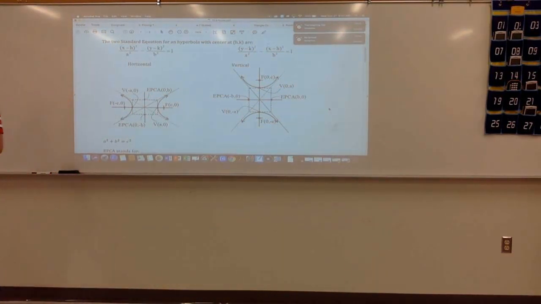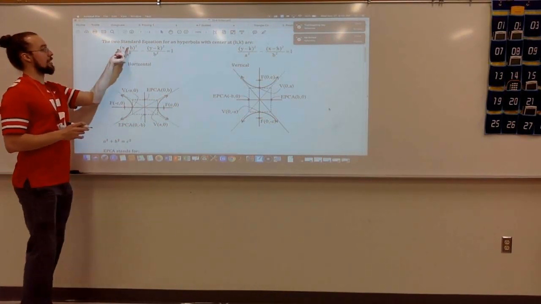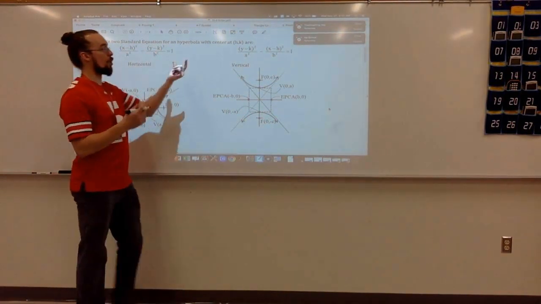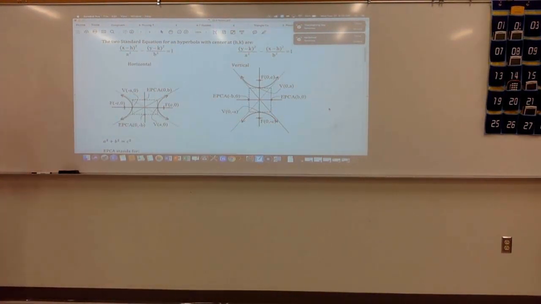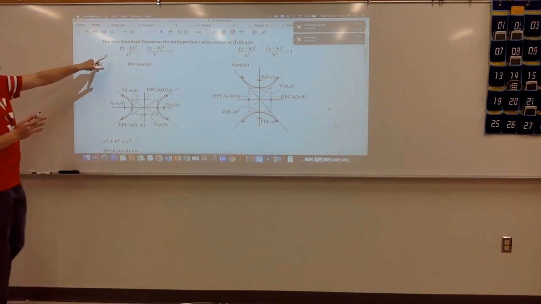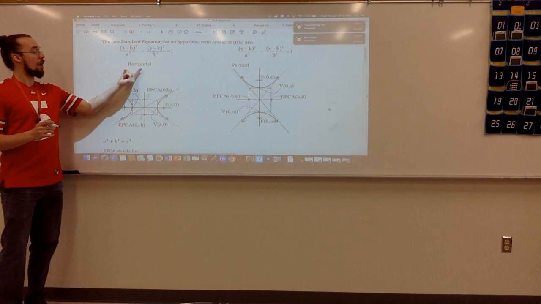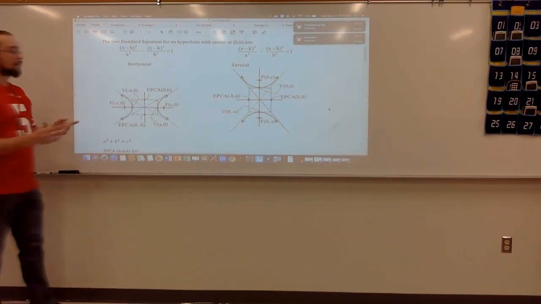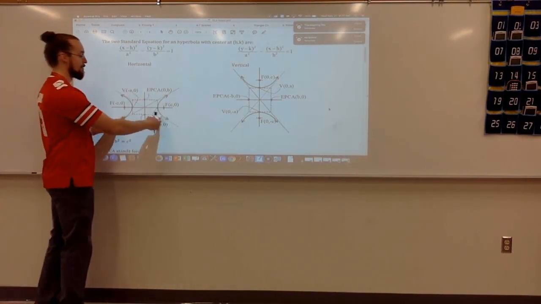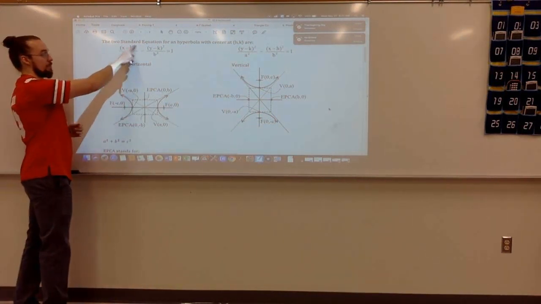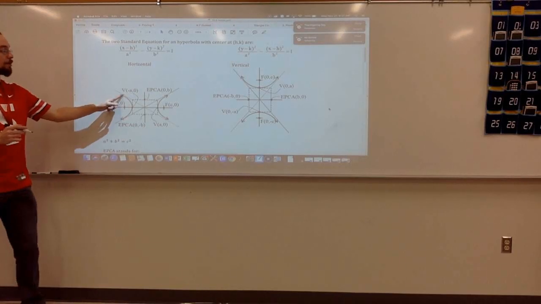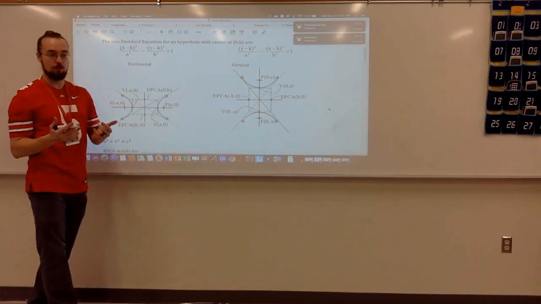For a hyperbola, we could have the x minus the y, or we could have the y minus the x. If the x is the one that's positive, our hyperbola is going to open to the left and to the right.